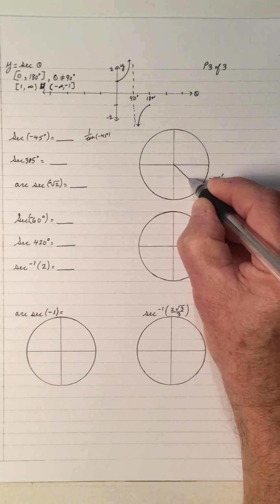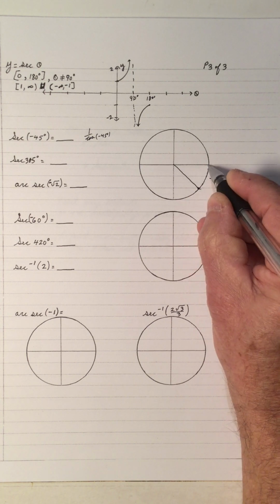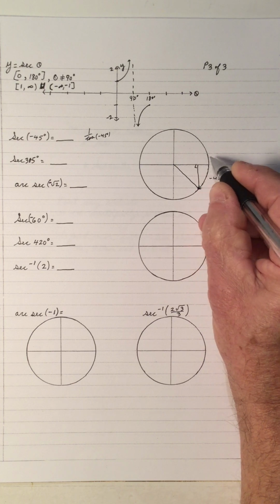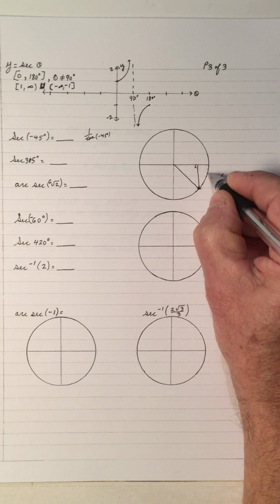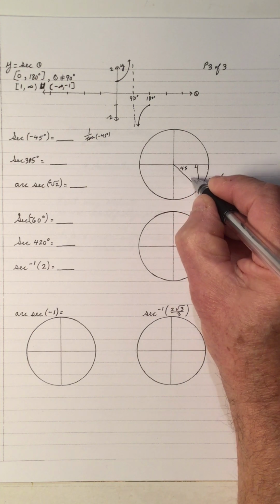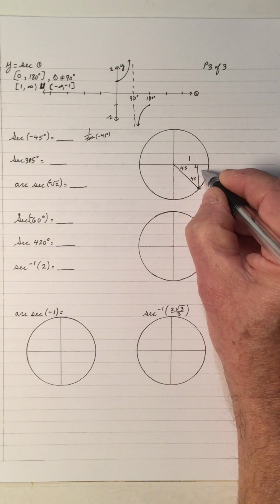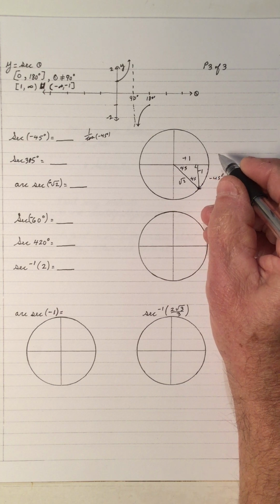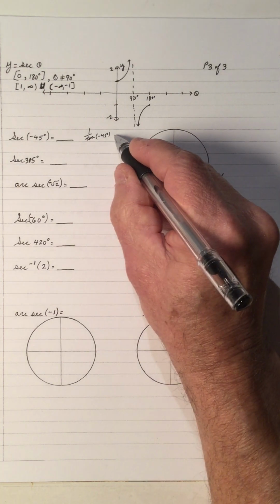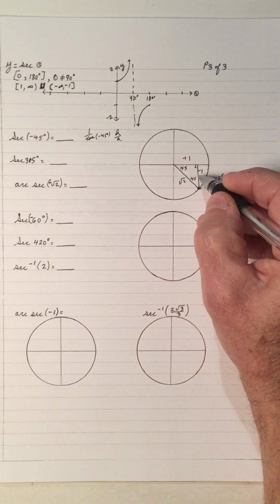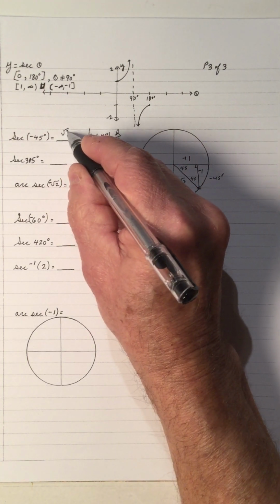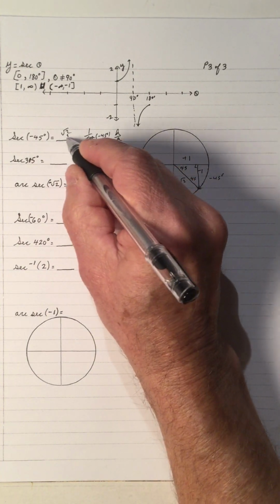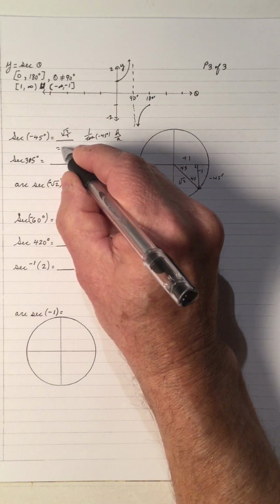So terminal arm goes out, hits it at the point where it stops the rotation, drop a perpendicular to the x-axis, and we have a 45-degree rotation, so the reference angle is 45, this angle is 45, so that's a 1, 1, root 2. X is positive, y is negative. So the secant is the hypotenuse over the adjacent. The hypotenuse is root 2 over the adjacent, which is 1. And that becomes just root 2.